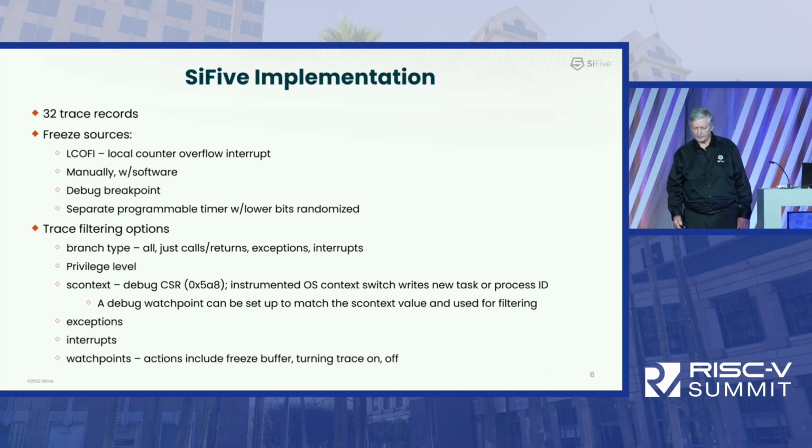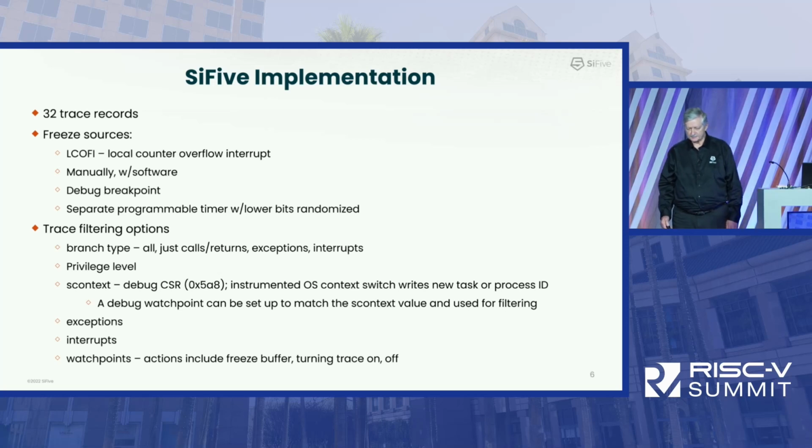So the filter types. With the branch information, we can do all branches, all non-sequential executions, or just calls and returns, or exceptions or interrupts, and you can pick and choose which of those you want to include. You can also filter on the privilege level, so that if you're running a Linux application, you use user-level filtering.